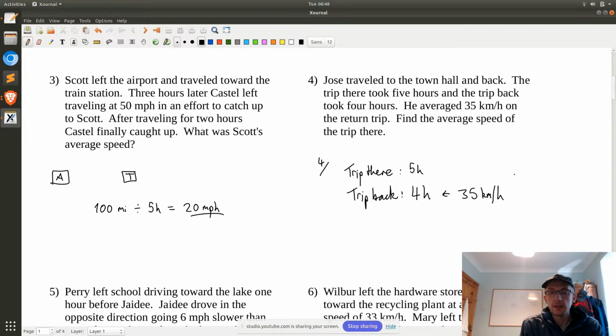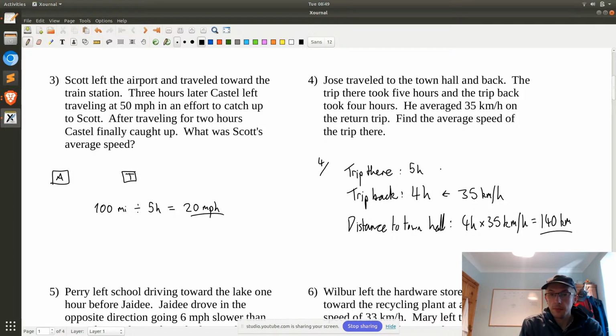Find the average speed of the trip there. Okay, so for 4 hours, he kept up a speed of around 35 kilometers an hour. So the distance to the town hall is 4 hours multiplied by 35 kilometers an hour, which gives us, what's 4 times 35? That is 140. 140 kilometers.